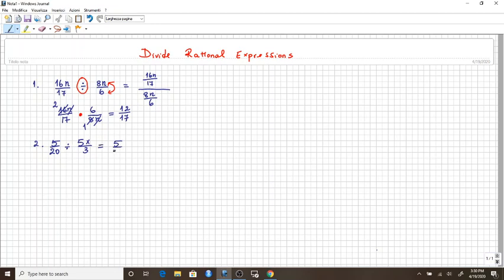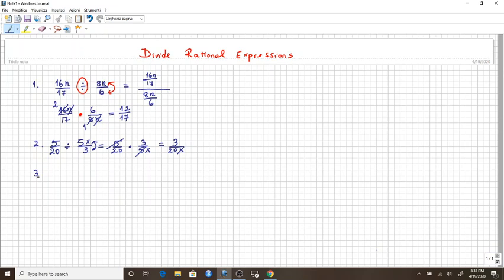So the 5/20 we're going to keep, and the 5x over 3 we're going to flip, as long as we change the division sign to a product. So instead of 5x over 3, we write 3 divided by 5x. And now we simplify. 5 divided by 5 is 1, and we cannot simplify it further. The numerator stays 3, and the denominator now is 20x.